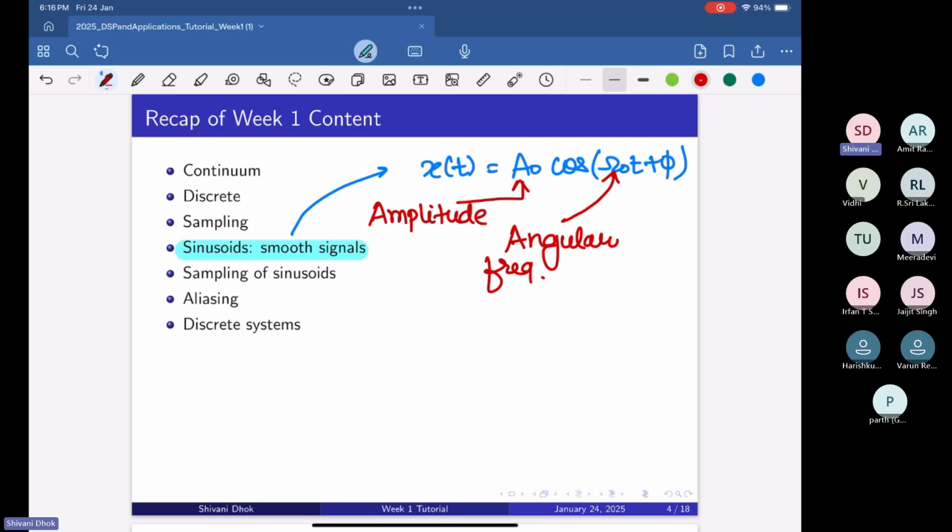So this angular frequency, omega naught, is basically 2 pi f naught, where f naught is basically its Hertz frequency. And this phi here is the phase. Okay, so this is the standard definition of our sinusoid.